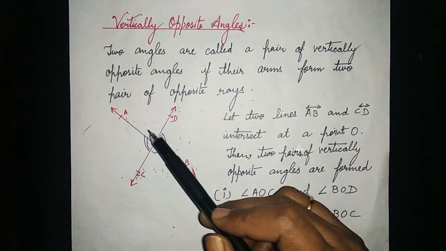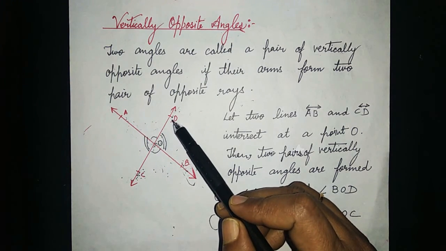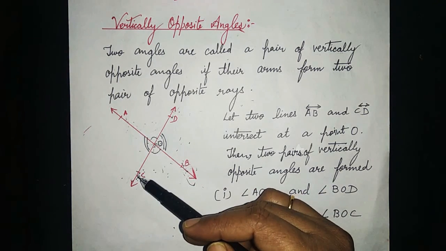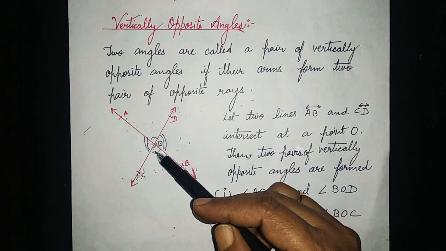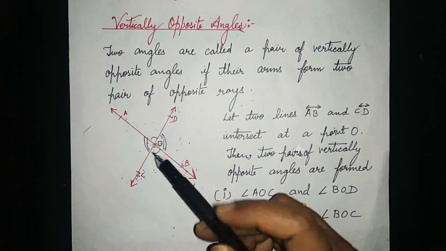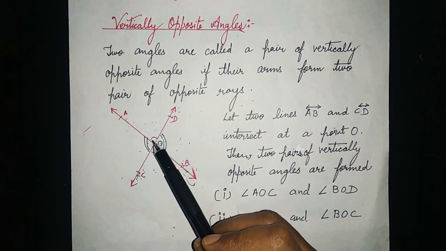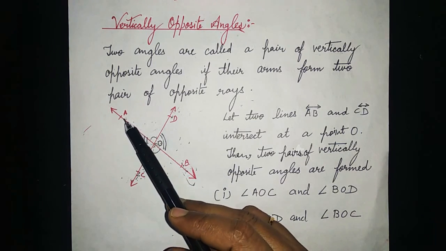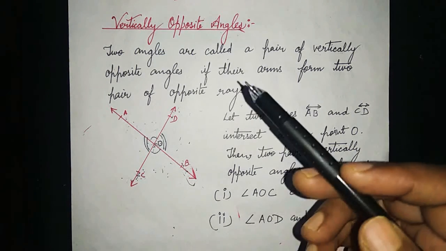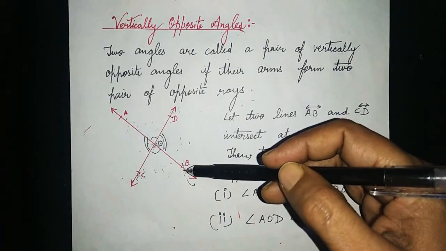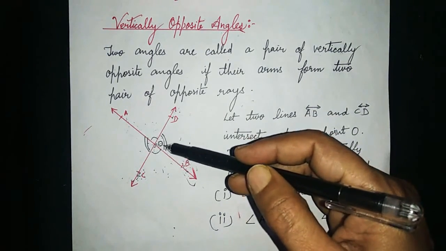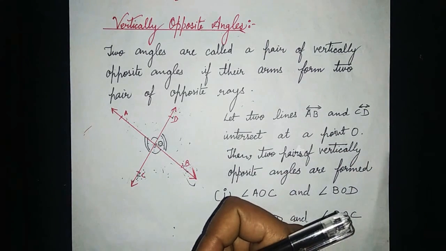Here angle AOD is vertically opposite to angle BOC, and they are equal in measure also. And the second pair of vertically opposite angles is angle AOC, which is vertically opposite to angle BOD, and they also have the same measure.